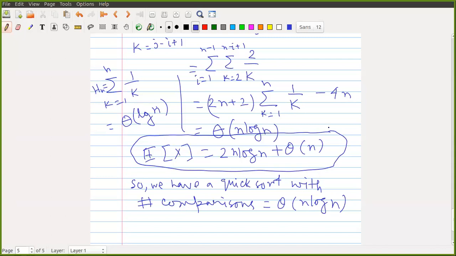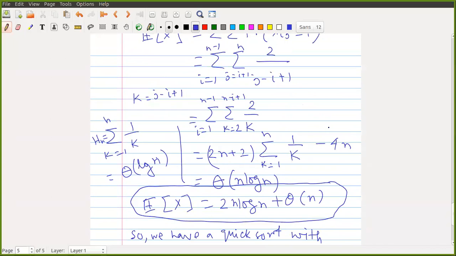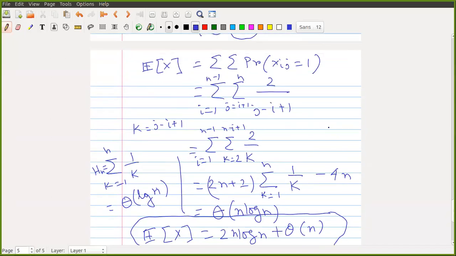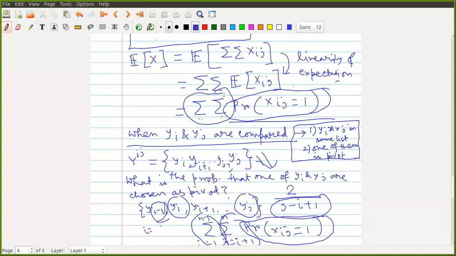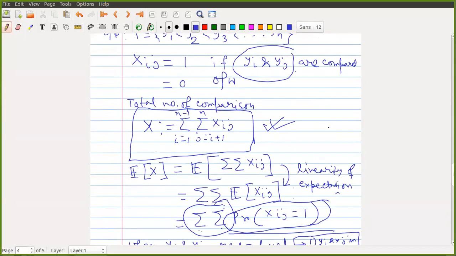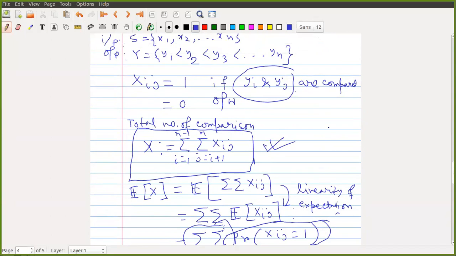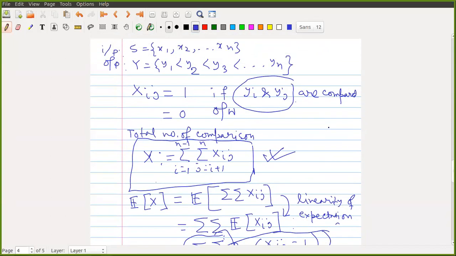and where the randomness is involved. As is normally the case for any randomized algorithm, defining a very suitable random variable does almost all the work. Here the random variable is X_ij, which is 1 when y_i and y_j are compared and 0 otherwise.